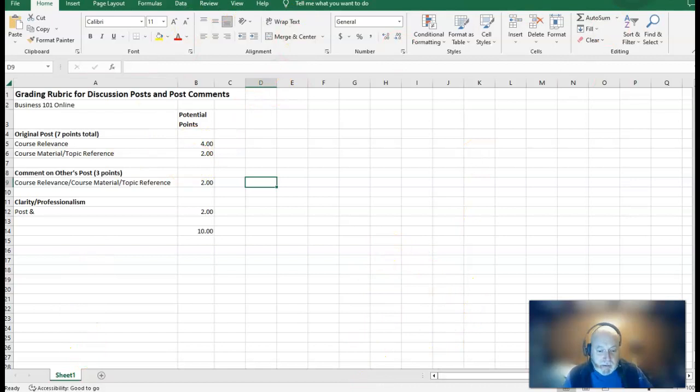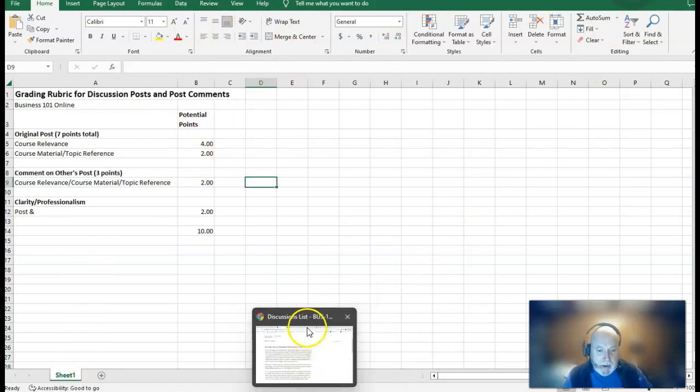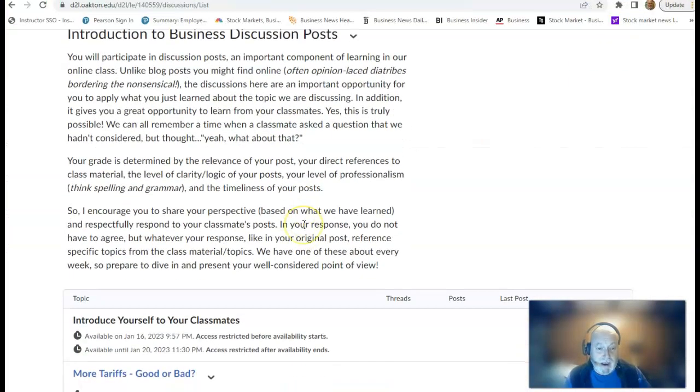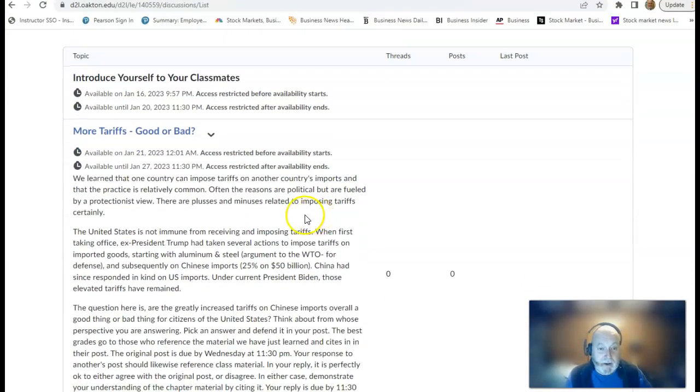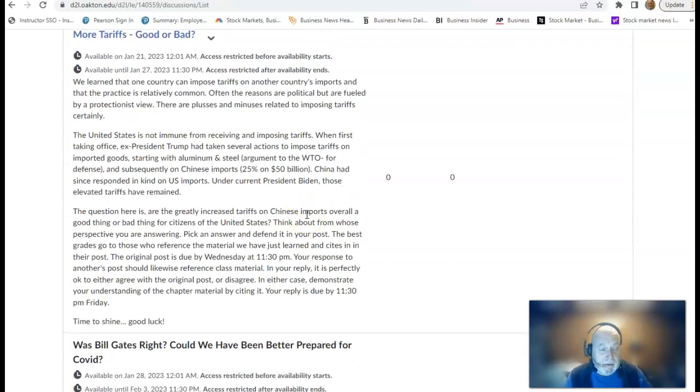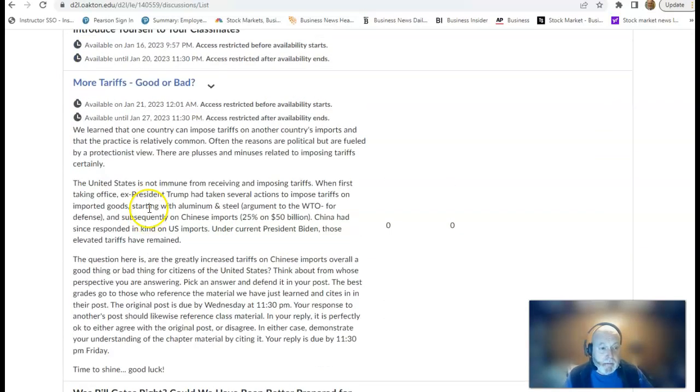Now I'm going to use an example here. We can talk about the very first discussion post we had in our class, outside of introducing yourself to your teammates, which I'm glad got some real nice commentary and conversation going. I thought that was pretty good. But now we're going to go into a topic related to chapter 4 of our book, which is about the global economy.